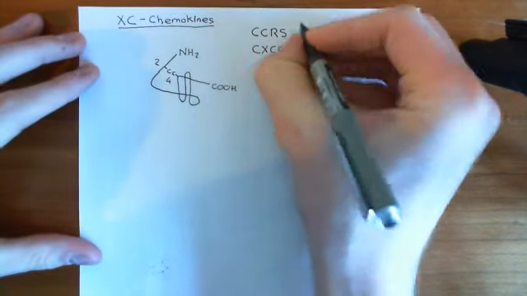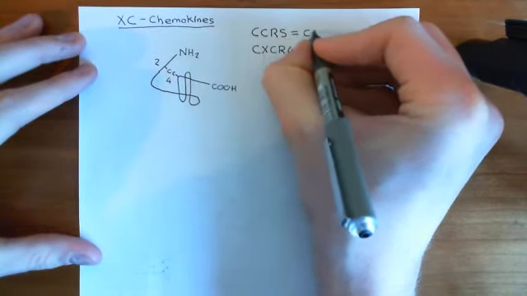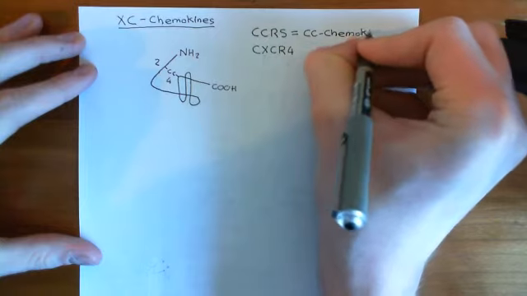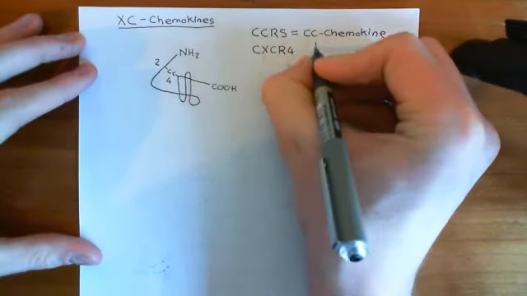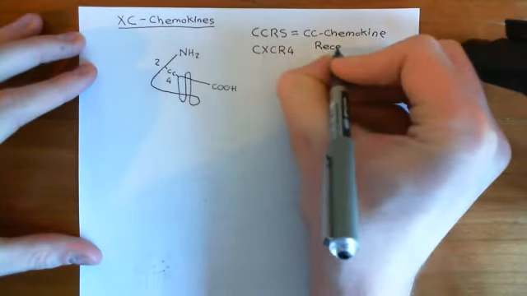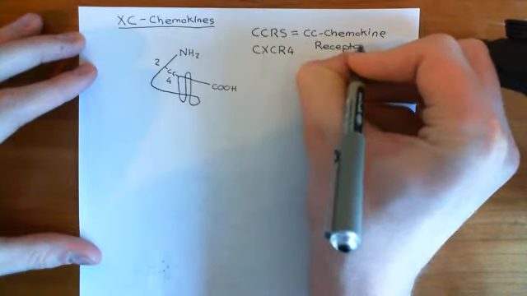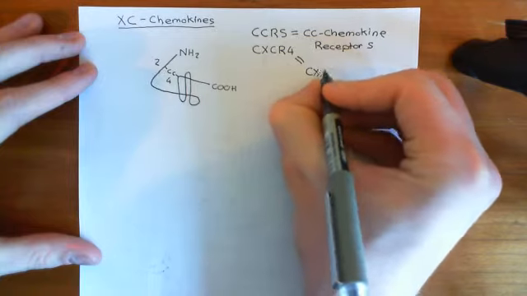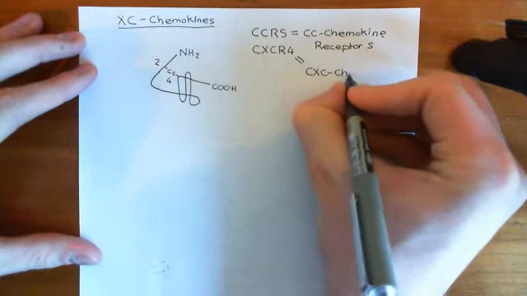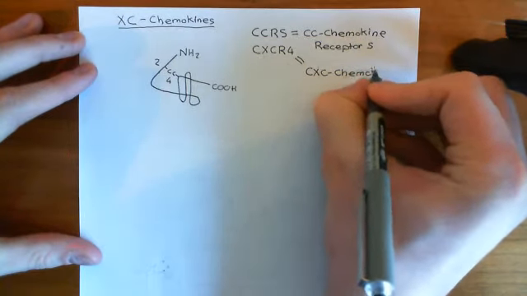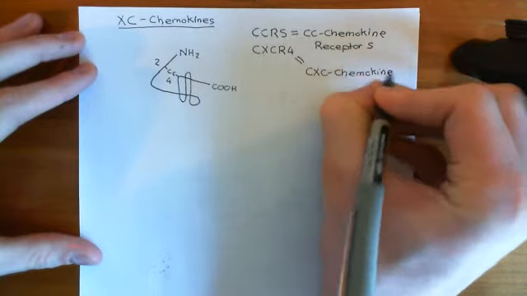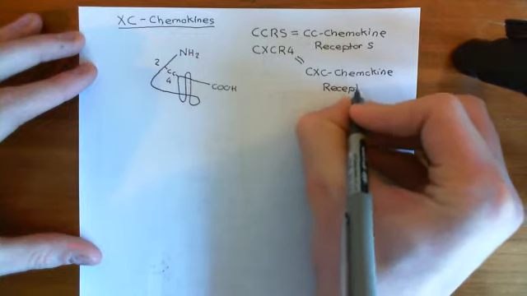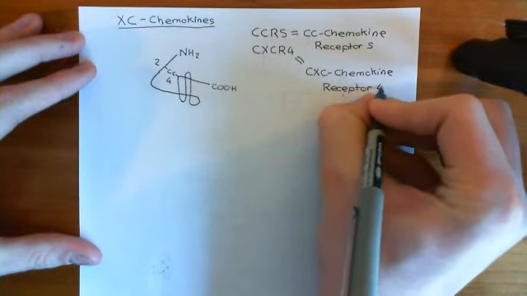What do these stand for? CCR5 stands for CC chemokine receptor 5, so this is a receptor for CC chemokines, and we now know what that means. CXCR4 stands for CXC chemokine receptor 4, and again we know that CXC is a massive family of chemokines.